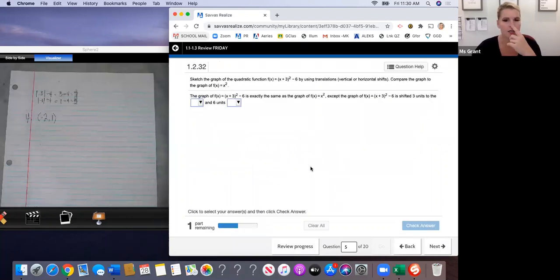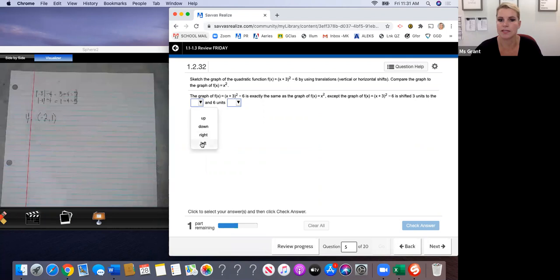Sketch the graph of the function f of x equals (x plus 3) squared minus 6 using translations, vertical and horizontal. Compare the graph to the parent function. The graph is shifted 3 units to the, okay, it's the opposite sign.